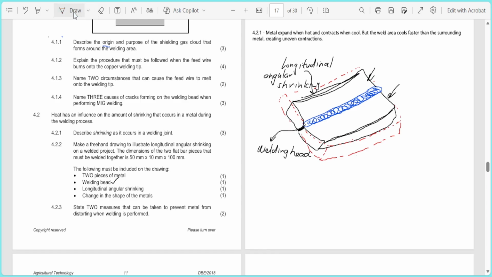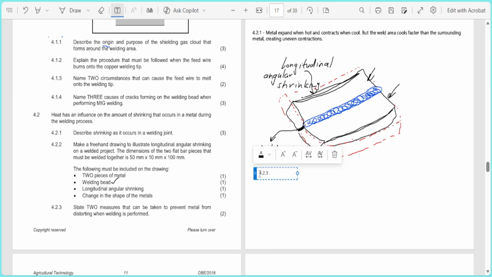Okay, so I'm gonna stop drawing and go back to typing. So for 4.2.3 we're gonna state. Okay, how can I approach this one? These measures are sort of like your toolbox solutions, right, for the distortion control of the welding.